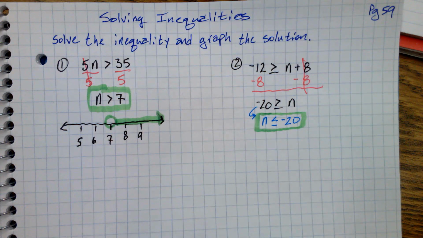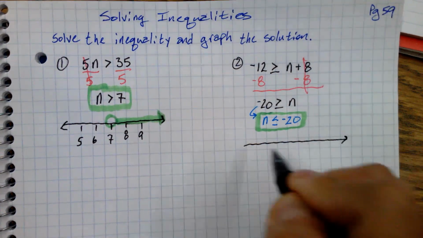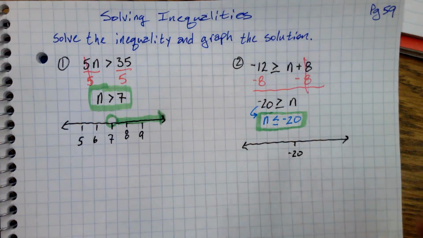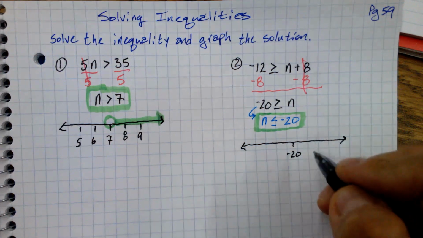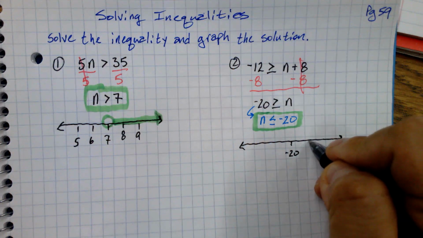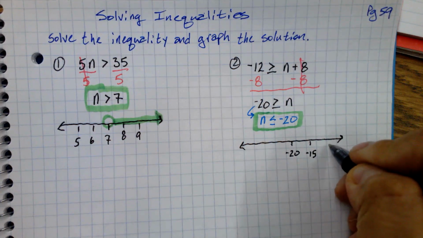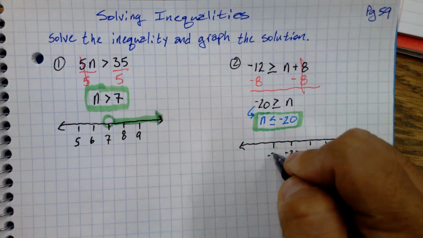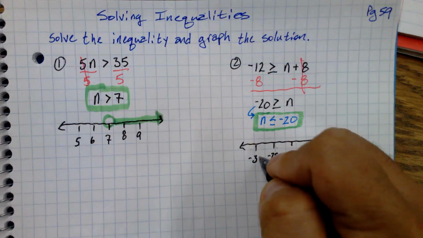So let's make our number line graph for this. And we can count by ones, by fives, as long as we're demonstrating what we want. So if I'm counting by fives, I'll make this negative 15, negative 10, negative 25, negative 30.